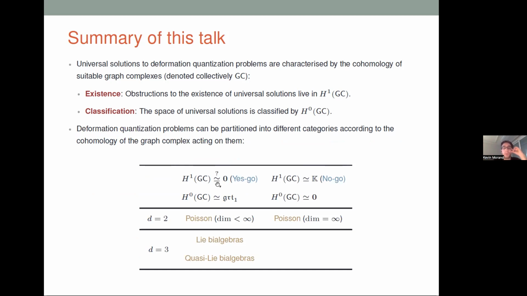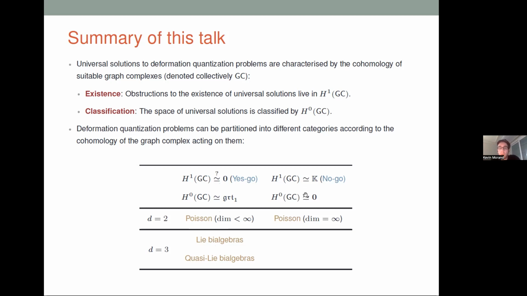The yes-go class is characterized by conjecturally no obstruction to quantization, and also the Grothendieck-Teichmüller group plays some classifying role. This is the case for Poisson manifolds in arbitrary finite dimension. And also the Lie bialgebras and quasi-Lie bialgebras belong to the same category. So for all of this data, we can solve the quantization problem.